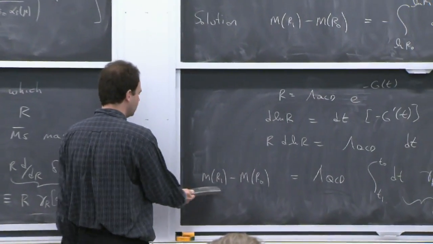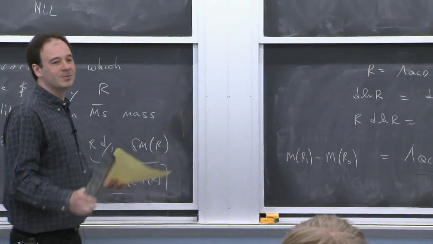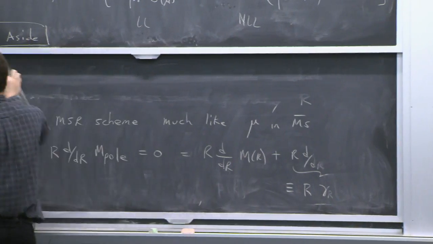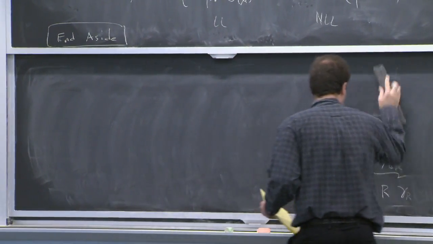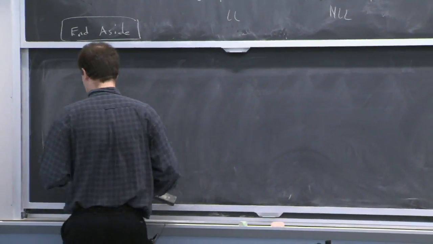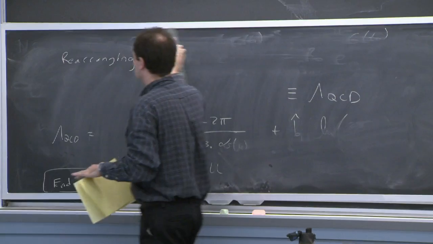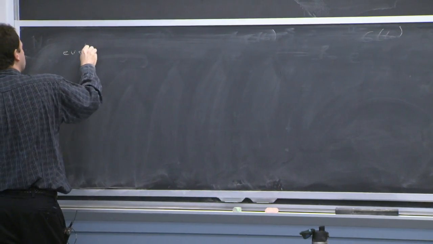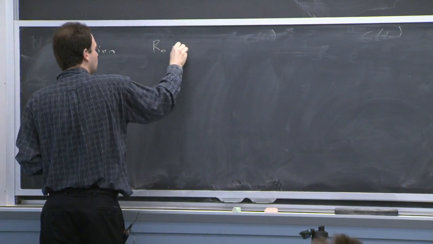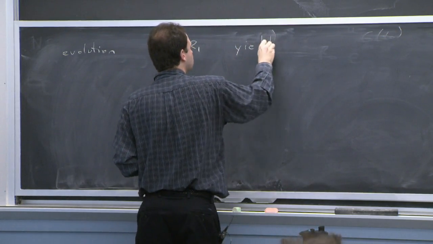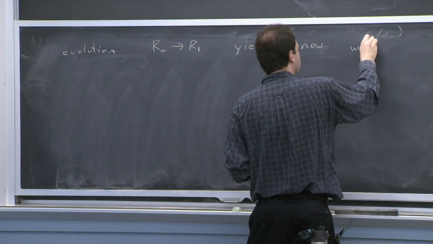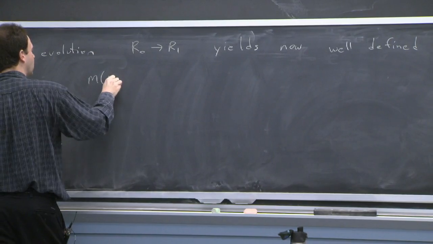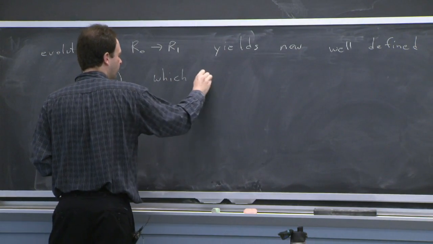And that's because these two masses and the difference of these cutoffs is related to absorbing a different amount of these fluctuations, which were related to Lambda QCD. So the evolution would just yield a new well-defined mass, m of R1, which absorbs a different amount of IR fluctuations.